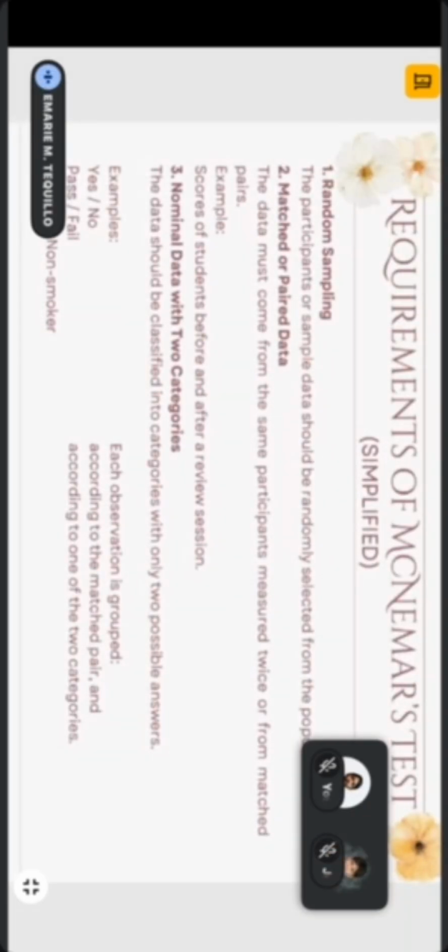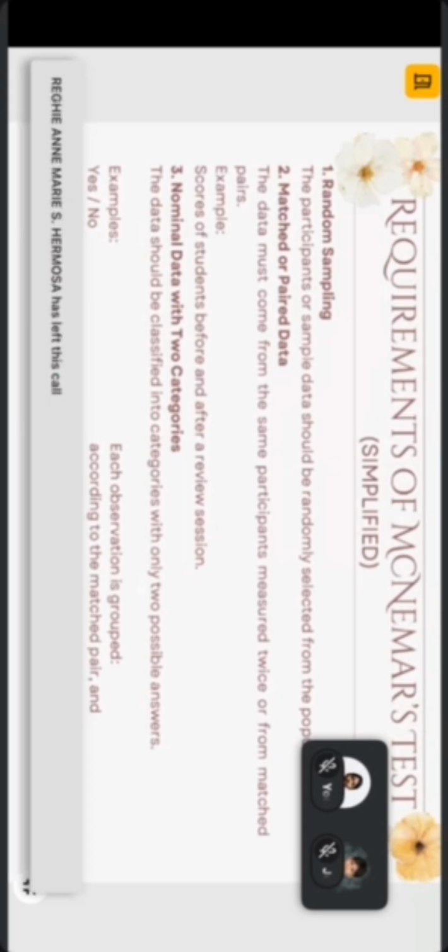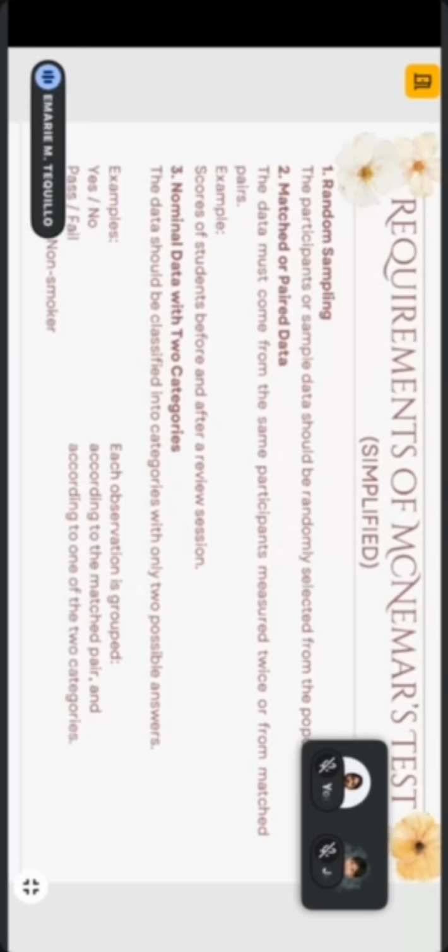Okay, thank you, Jeanette. As you notice, the requirements of McNemar's test are the same as the assumptions, which require random sampling, matched or paired data, and nominal data with 2 categories only.